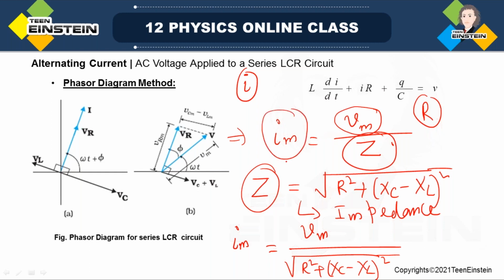That's why you get the dimension of current. Vm by Z gives a quantity having the dimension of current, so that's why Z is the equivalent resistance in the AC circuit.